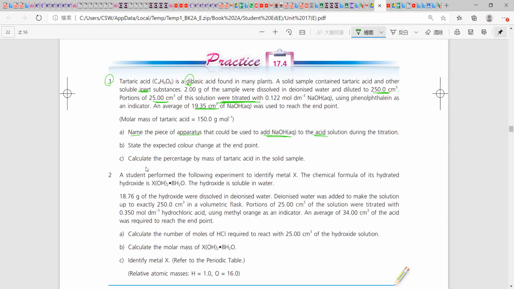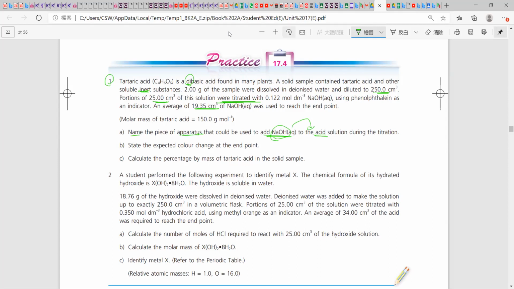What is that apparatus? It is used to contain NaOH, and it is added to the acid during the titration.